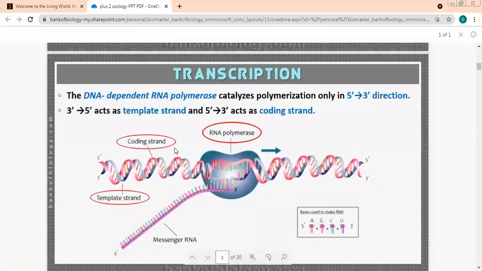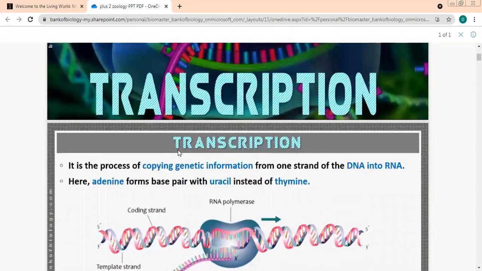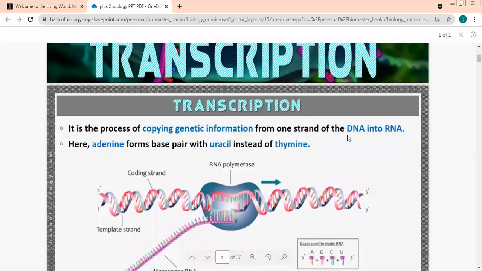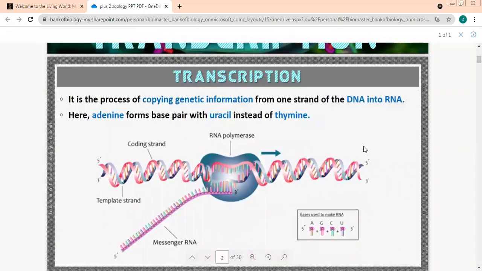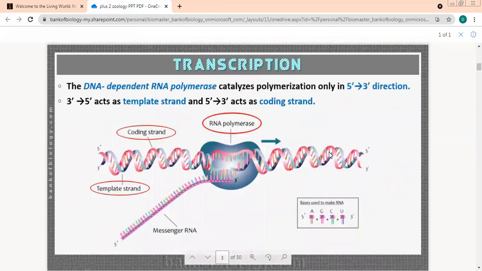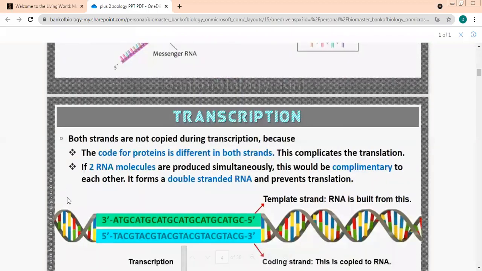One DNA, we are going to pass on, see what did we say? Copying information from one strand of DNA into RNA. If each strand of DNA is producing one RNA, then how many RNA molecules will we get in such a case?